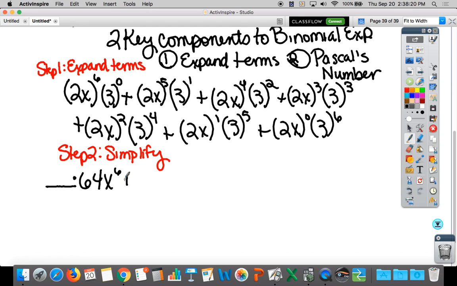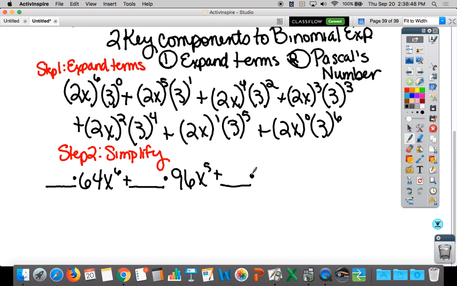Now we're going to put a plus and we're going to put a line and a multiplication symbol. Now do 2 to the 5th times 3 to the 1. And tell me what that is. 96, what will my variable be? x to the 5th. Put a plus, put a line, and a multiplication symbol.